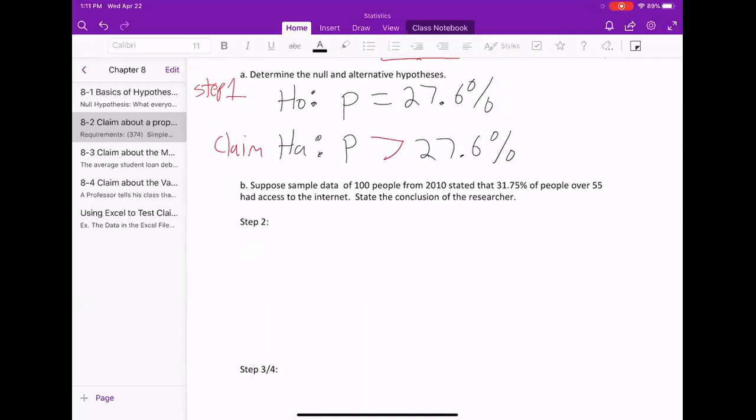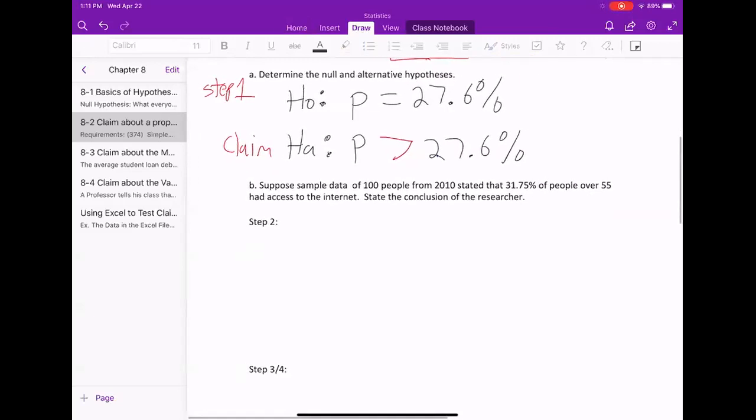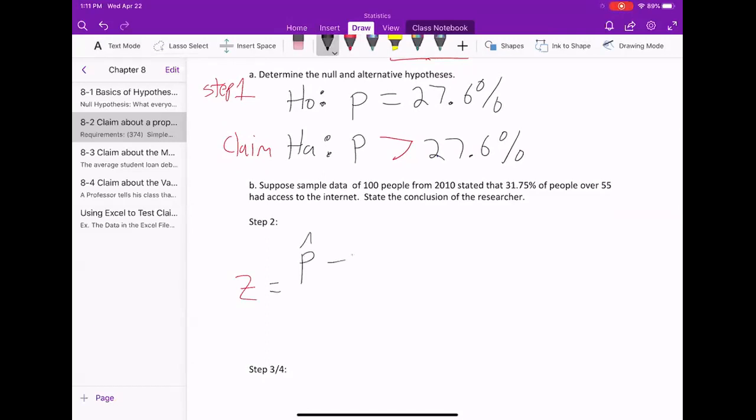I'm doing a proportion problem, so my formula is Z equals P hat minus P, all over the square root of P times Q over N. And now I just start substituting numbers in.